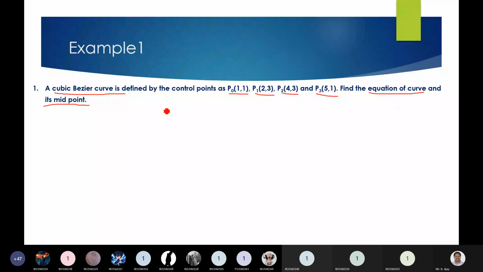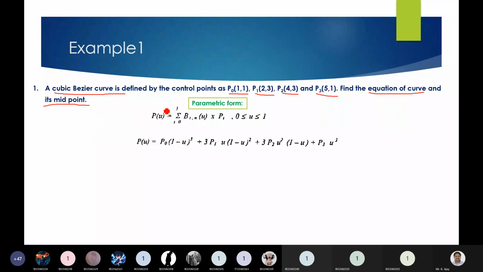So we know the parametric form, the summation from i equal to 0, and its final expansion we just understood: P0 into (1 minus u) whole cube, and so on. If you write everything in terms of P, that is the generic parametric form. The same thing you can also write in scalar form.